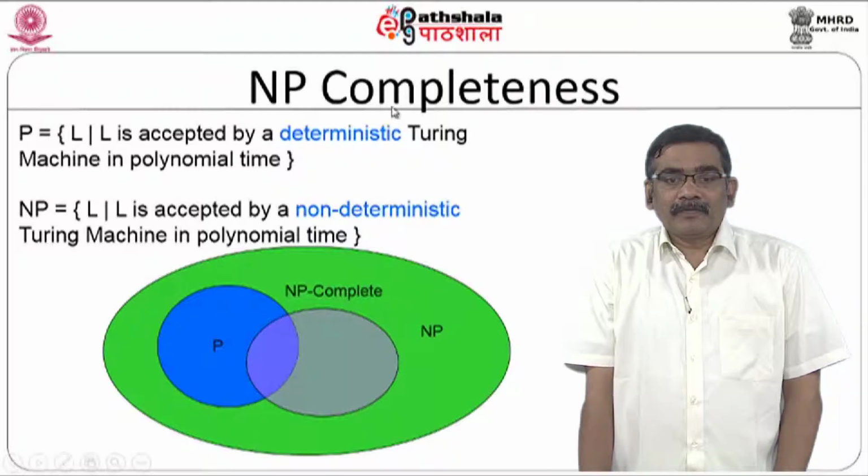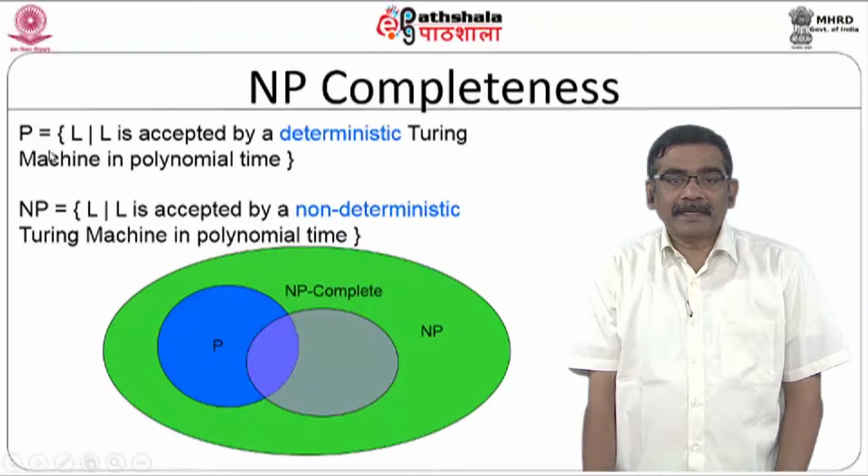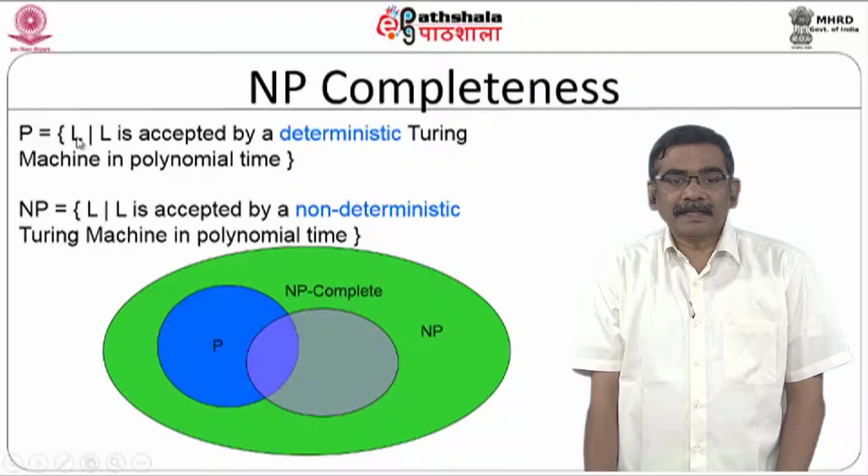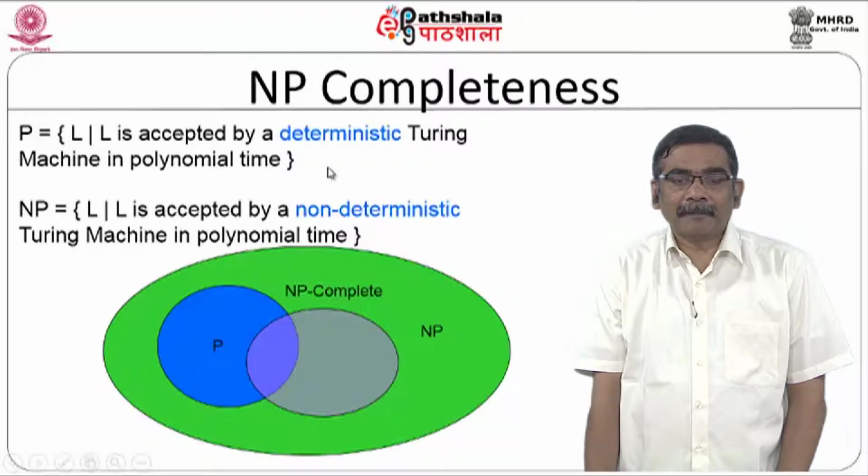Now we can define NP completeness in terms of language. The P class is nothing but a language L, where L is accepted by a deterministic Turing machine in polynomial time. And we can also rephrase the formal definition of NP: NP is nothing but a language L, where L is accepted by a non-deterministic Turing machine in polynomial time.